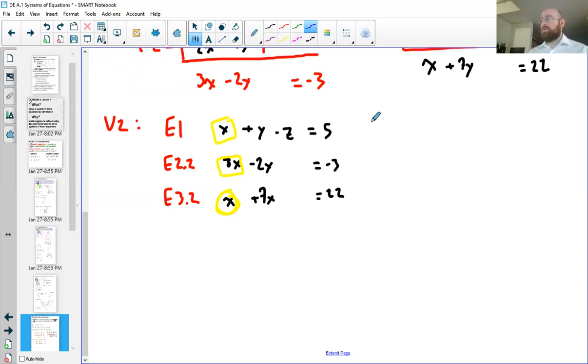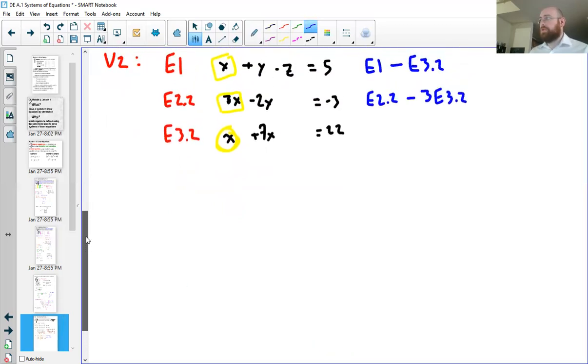So our new equation will just be equation 1 minus equation 3.2, because that will cancel out the x's. And then equation 2.2 minus 3 times equation 3.2, because I need to subtract 3 x's from 3x to make it 0.